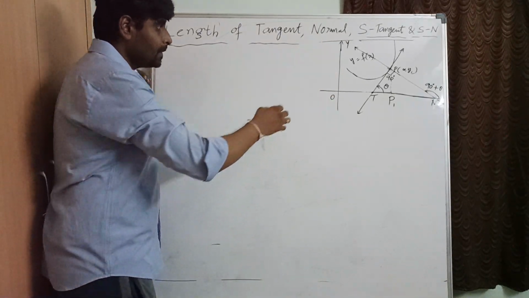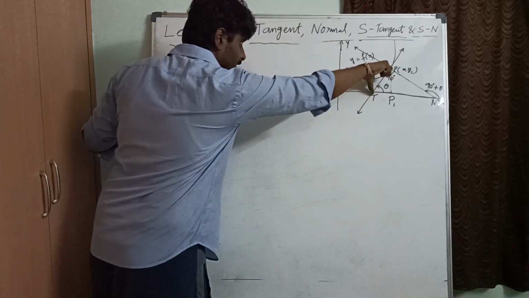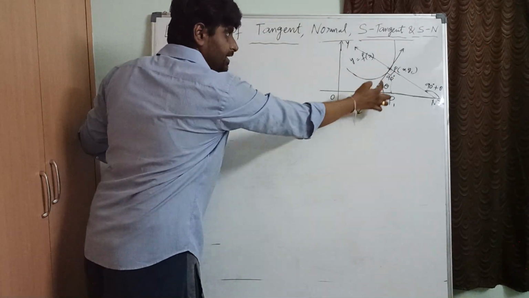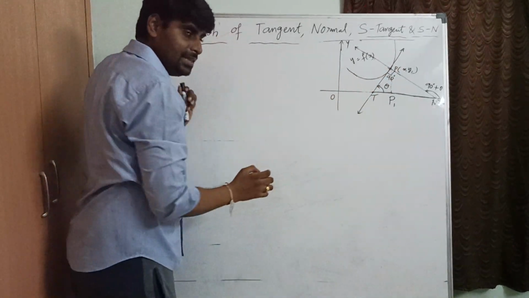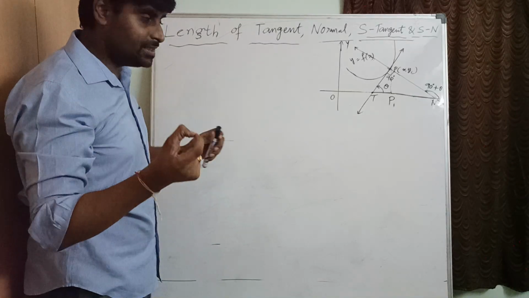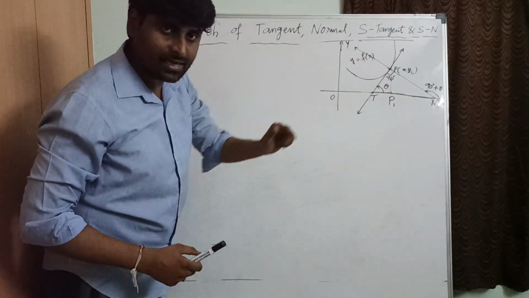See here, this is the length of tangent. What is that? PT or TP. From the point of contact till the point of intersection of the tangent with the x-axis, this PT or TP is the length of tangent.